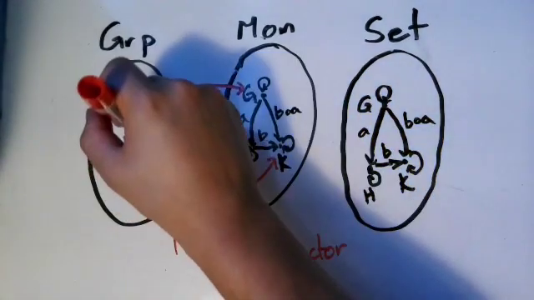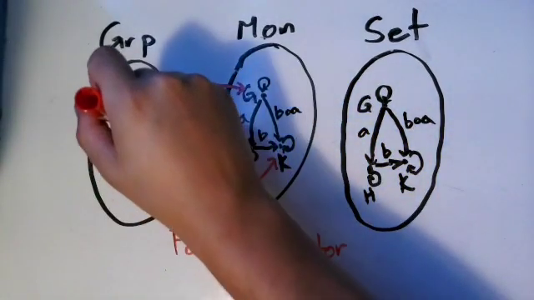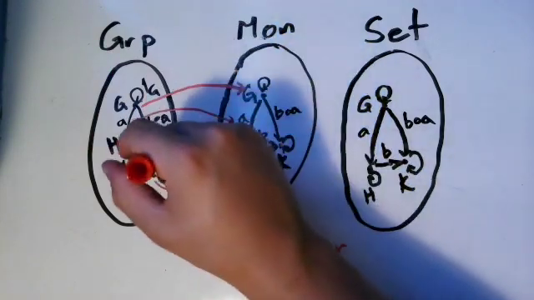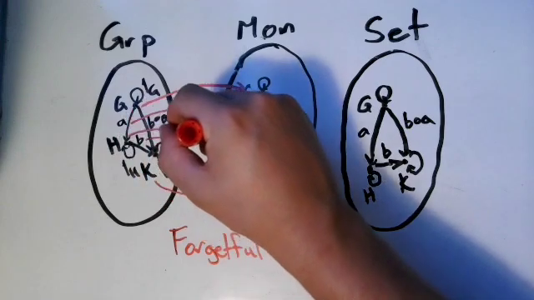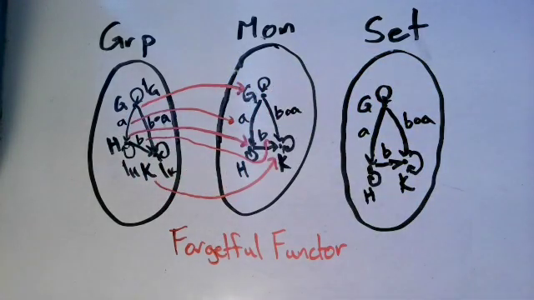And every group homomorphism is also a monoid homomorphism, and so we can also map the group homomorphisms to the monoid homomorphisms in the category of all monoids.